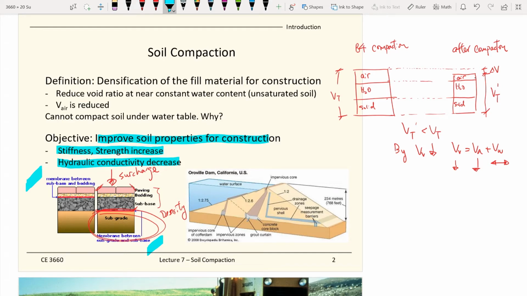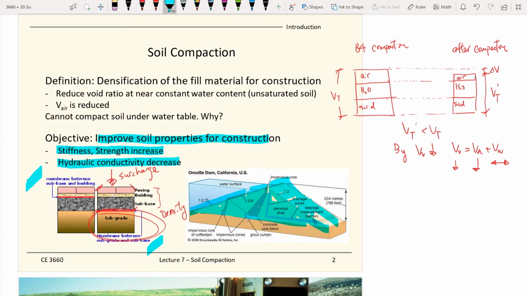So we do want to control the density, such that when we build a levee or dam, as in the picture on the right-hand side, when we construct this earth structure, the density of layer after layer, part of the design is to determine what kind of density is needed to achieve the hydraulic conductivity we want.